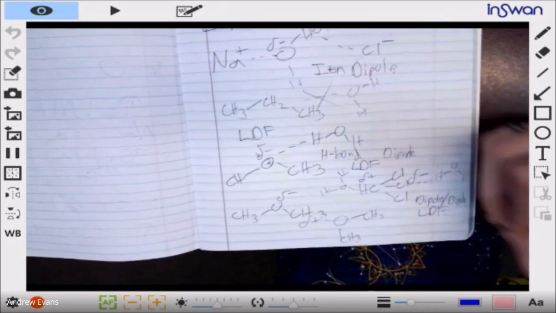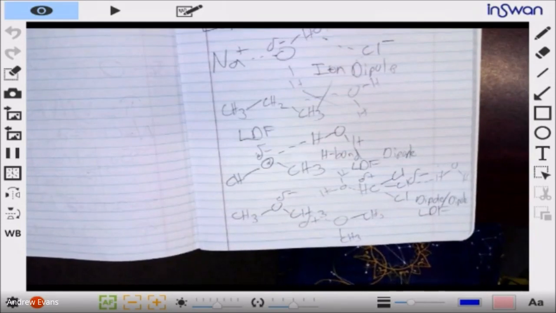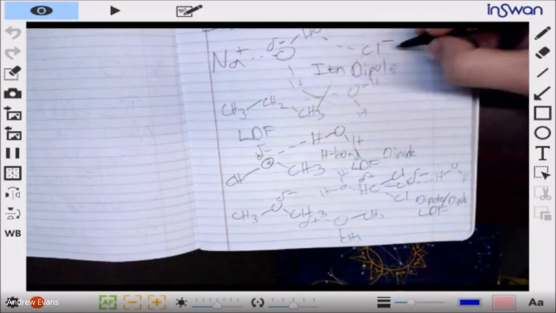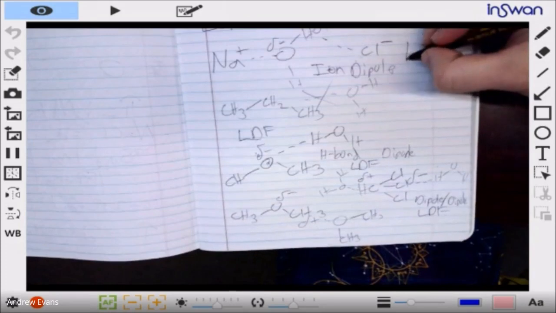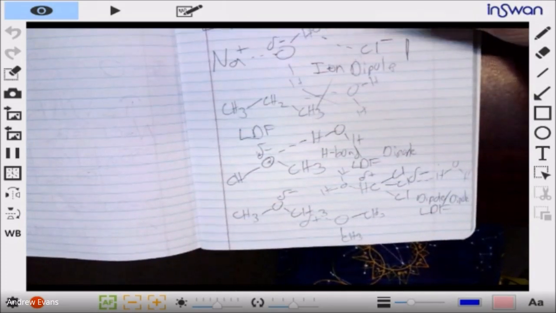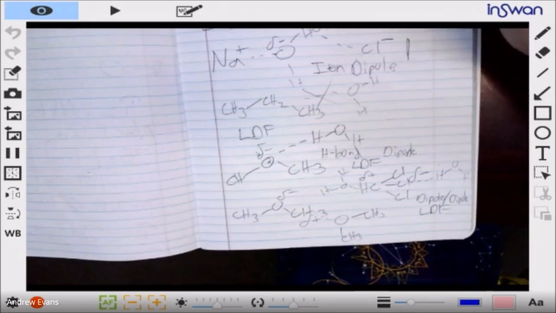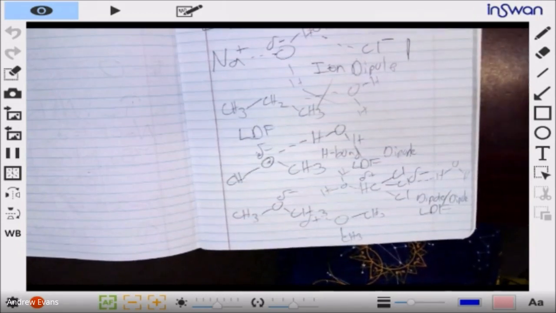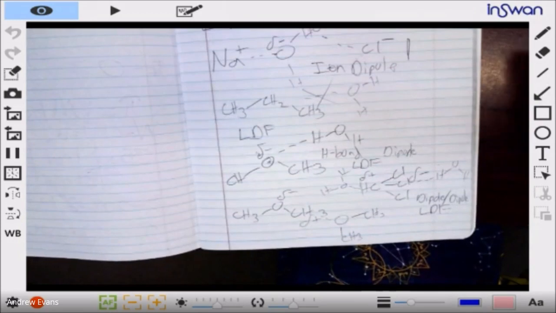If I were to put these in order of increasing strength, sodium chloride is number 1. Methanol is number 2, way up at the top, because hydrogen bonds where methanol can take a hydrogen bond and make a hydrogen bond.